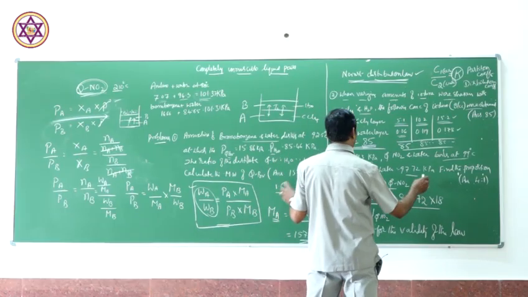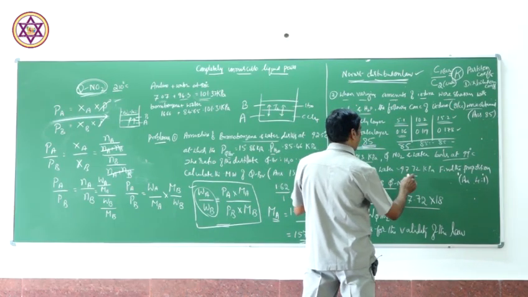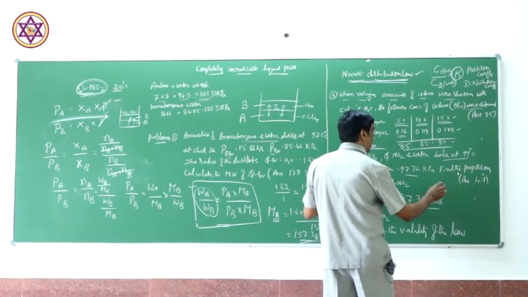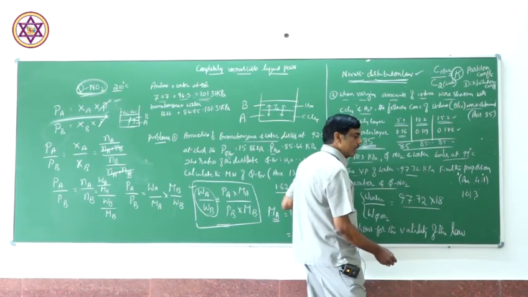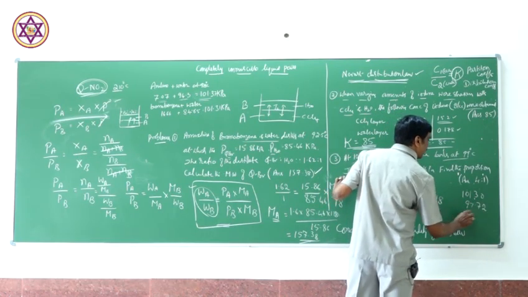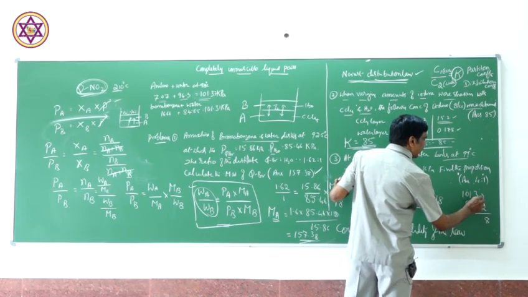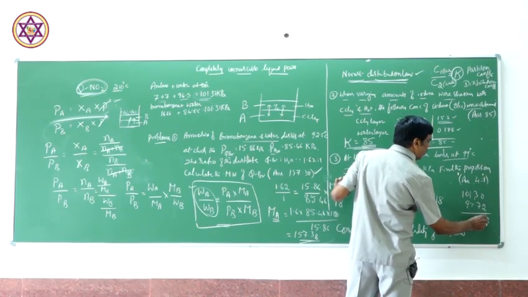The vapor pressure of water at 99 degrees is 101.3 minus 97.72. This comes out to be 12.5.